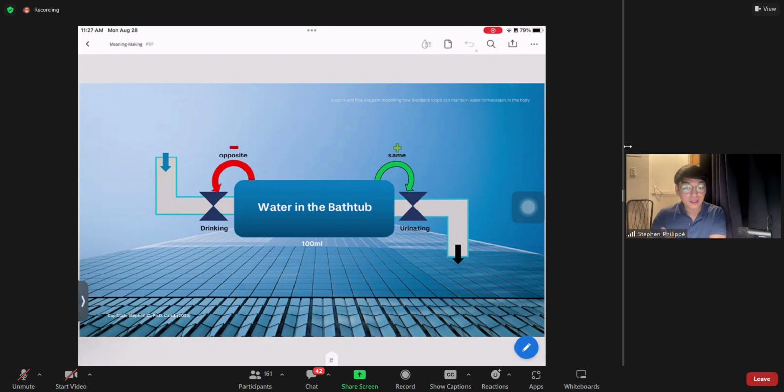Look at this. Water in the bathtub is the same as the water homeostasis in your body. Drinking has the opposite effect, and then urinating has the positive effect on the water in your body.